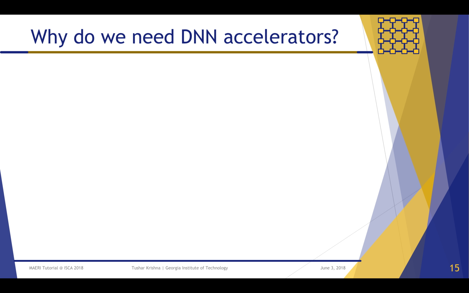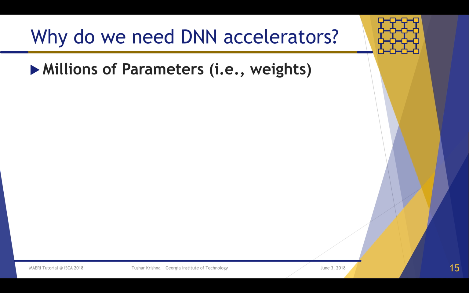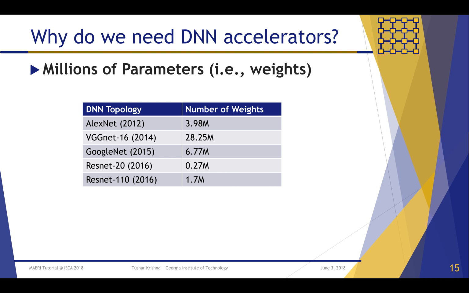And why do we need DNN accelerators to run something like this? Well, there are actually millions of parameters or weights in most of the DNNs today. This is just a snapshot of some of the recent DNNs, ResNet being one of the most recent. You can see there are millions of weights here. What that means is you have millions of computations. I talked about the multiply-accumulate, or the weighted sum, as the basic computation unit.